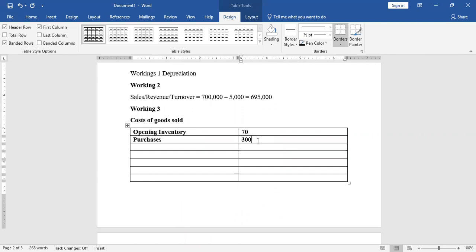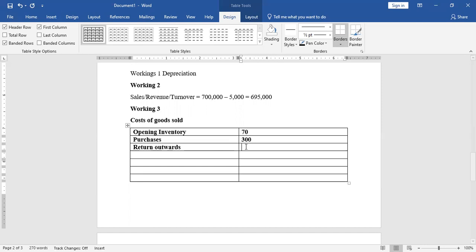Now on purchases, I'll pause a little bit. There are things that affect purchases, just like there are things that affect sales, like return inwards. Return outwards affect purchases. And I saw return outwards in the trial balance. Return outwards, we return the goods that we purchased, so our purchases are going to reduce.